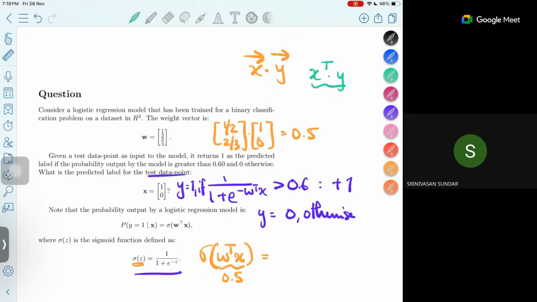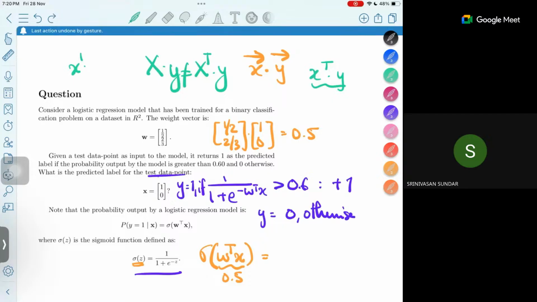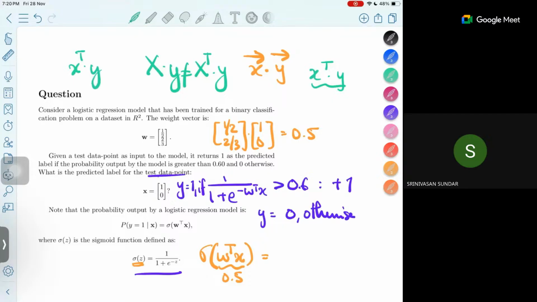Obviously this does not hold when one of them is a matrix, because matrix x multiplied with y is not the same as x transpose multiplied with y. These two are not the same. But for vectors, you need not take the transpose; it just turns out to be the same. If I do take the transpose, both are column vectors, so this will become (1/2, 2/3), and then this will be (1, 0).